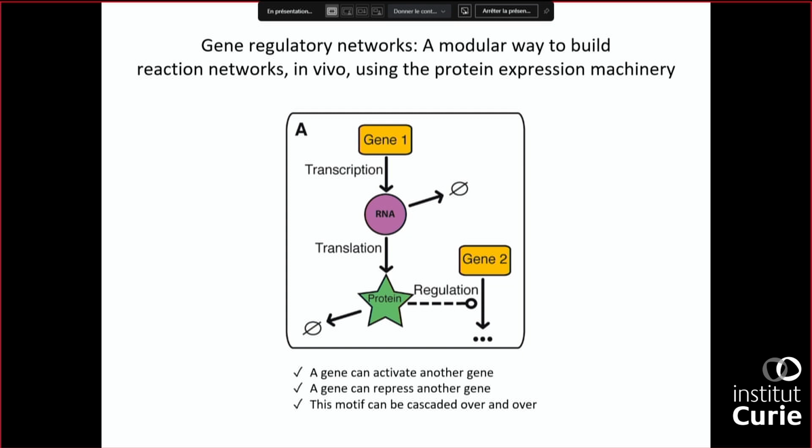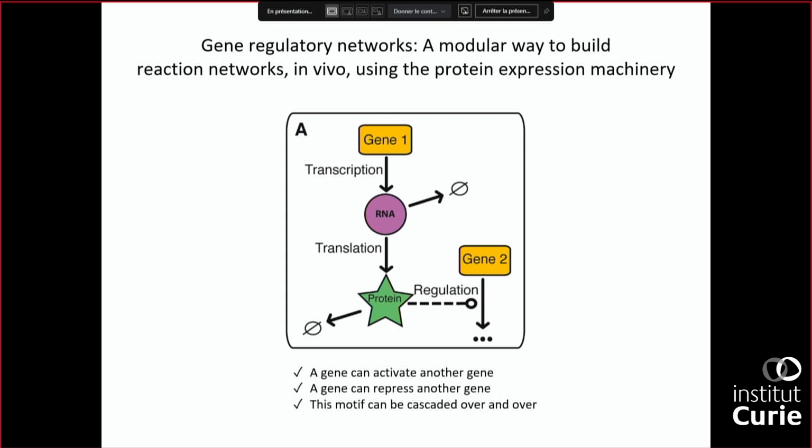What is interesting in this particular small block of chemical elements is that you start from a gene, and the output is also the regulation of another gene. So if this gene does the same thing, expressing another protein that affects gene 3, then you can start to create a cascade.